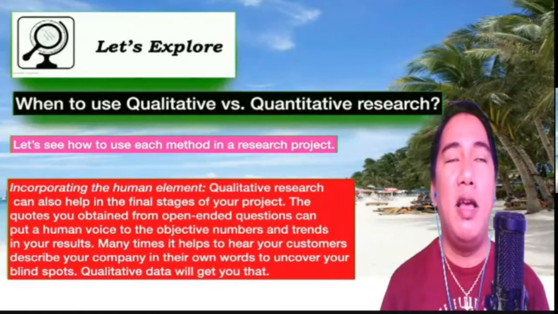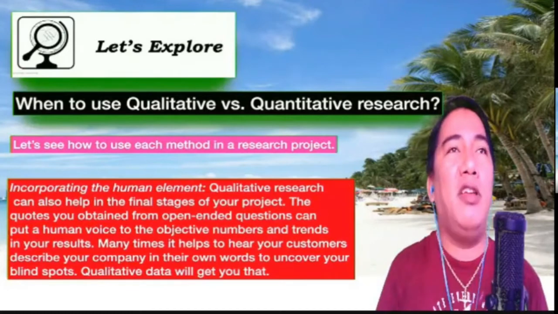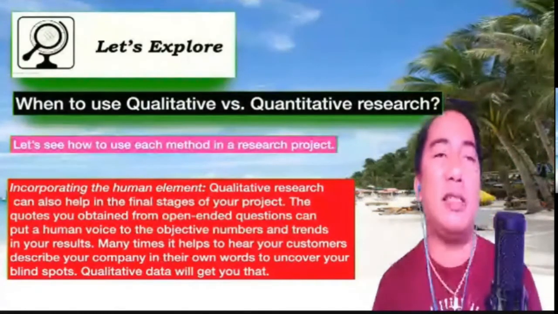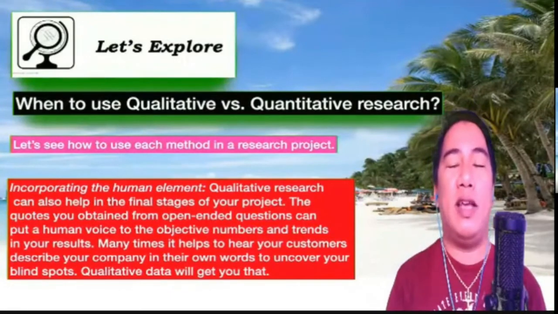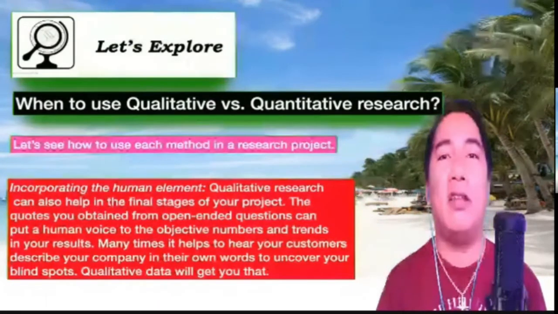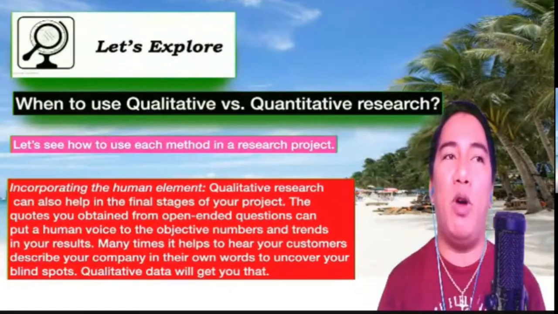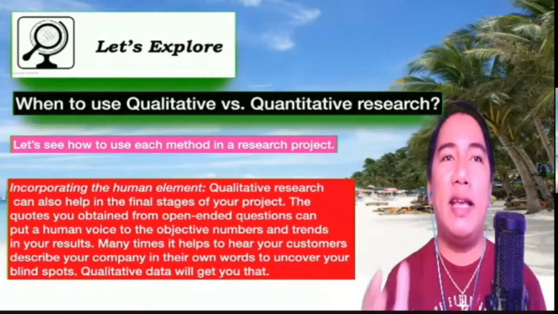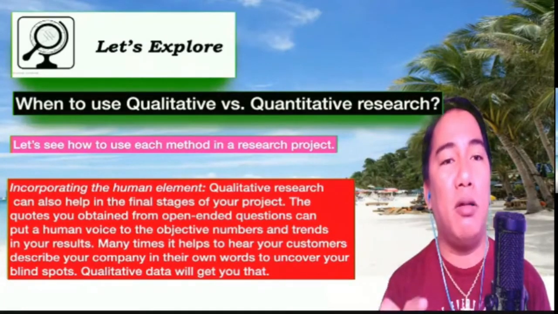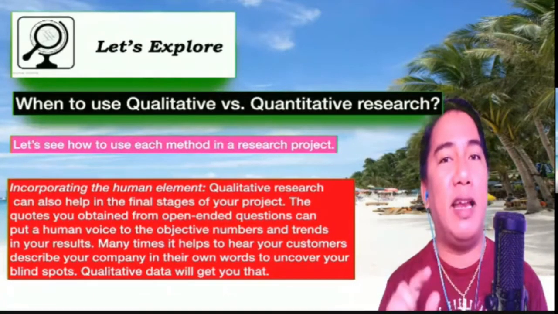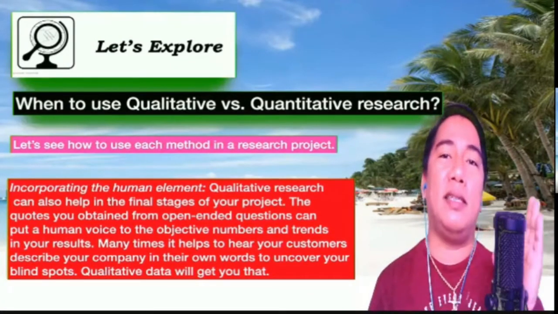On a scale of 1 to 5, how do you like the environment of my business? So 1 to 5. 5 is the highest, 1 is the lowest. 5 is excellent, 1 is poor. So they may choose on the range of 1 to 5 how excellent your environment is. Again, yung word o yung factor na environment ay nanggaling sa iyong interview, sa iyong past research.